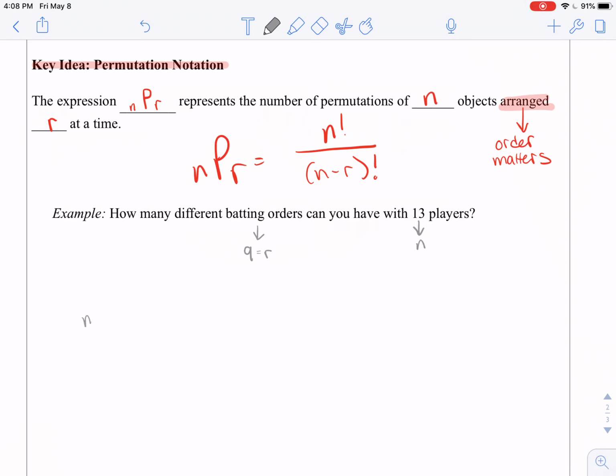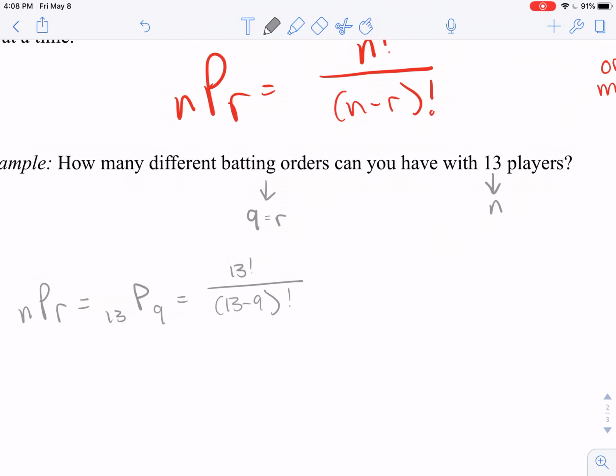So that means n pick r is 13 pick 9, which is 13 factorial all over (13 minus 9) factorial. Plugging that in, that's 13 factorial divided by 13 minus 9, which is 4 factorial.